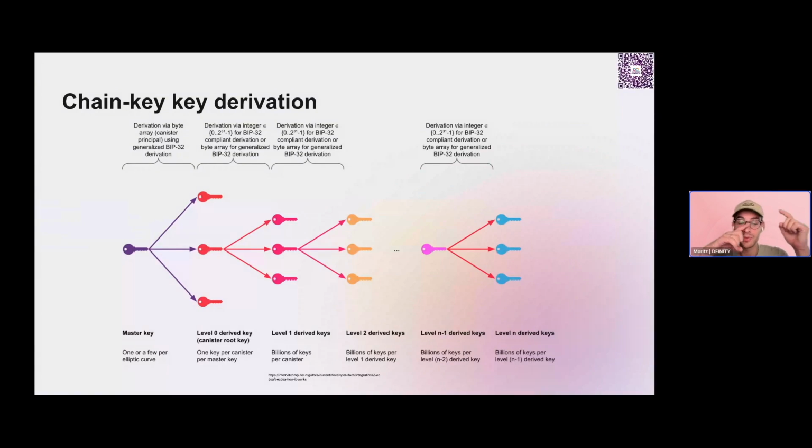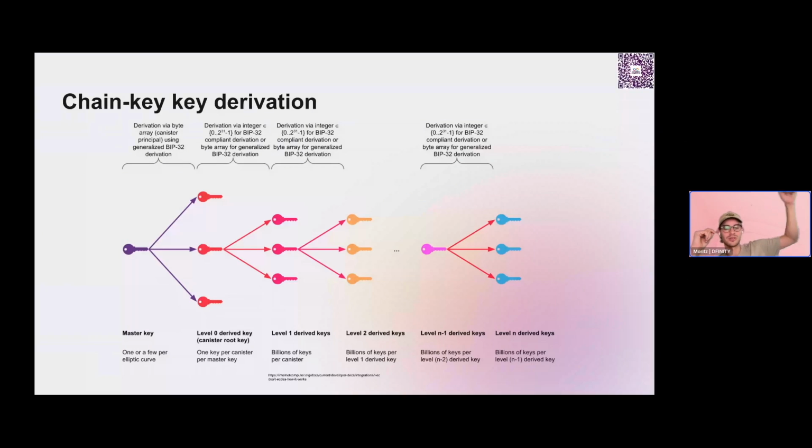And from this master key that basically belongs to the subnet, we can derive canister ECDSA keys. We call them canister root keys. And we can derive enough keys to give every single canister a canister root key. And we do so by using the canister's principal as an input to this derivation function, so to say.